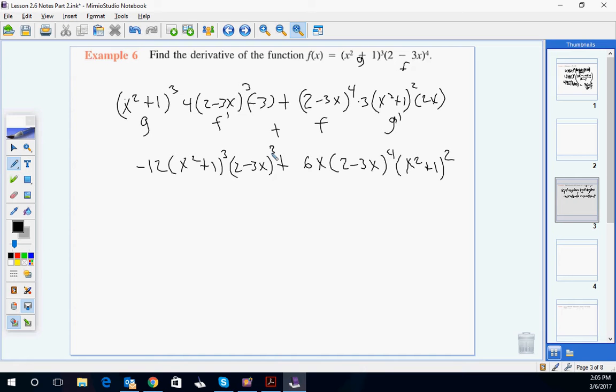Yeah. And that's it. As far as you can go. You could take these out if you want, but it's not really doing anything for you. They're not even, so you're going to have stuff left over no matter what. So this right here would be your F prime.